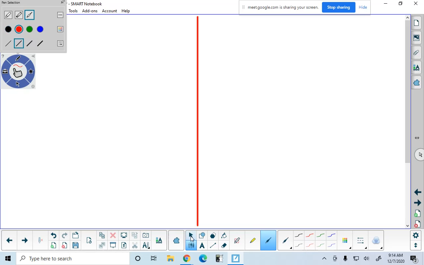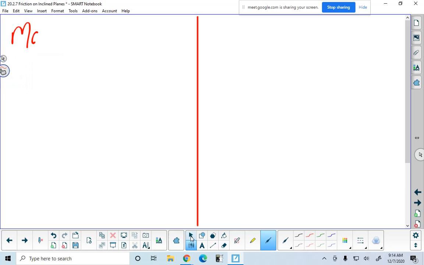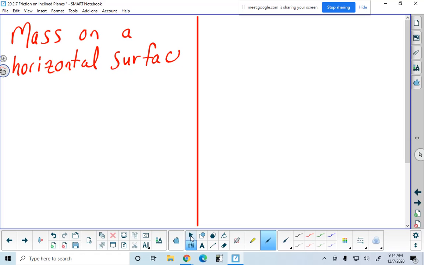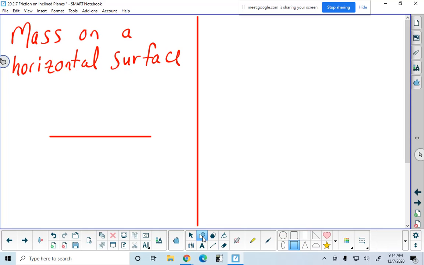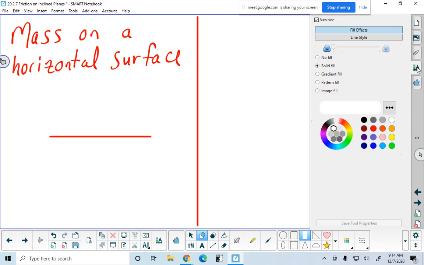One of them is when you have a mass on a horizontal surface. And I'll draw that again. It's really the same diagram that I've shown you before. We've got a box there that I'm going to draw on here.